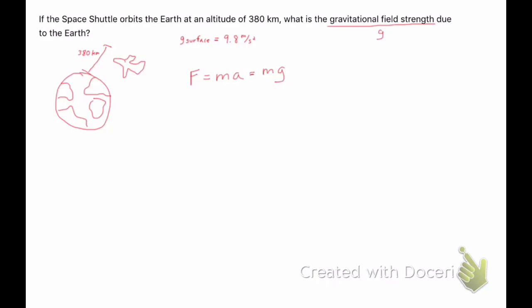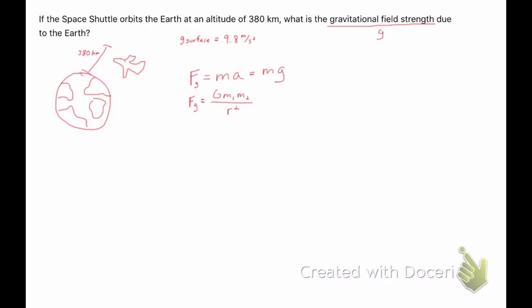But now what else does Fg equal? Well, we know that this force right here is Fg. And that's also equal to big G times m1 times m2 over the distance squared.